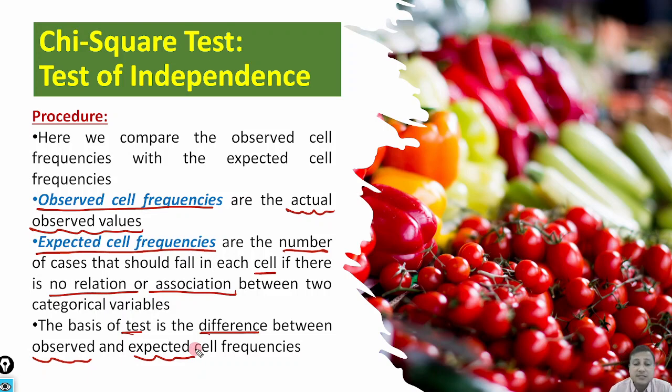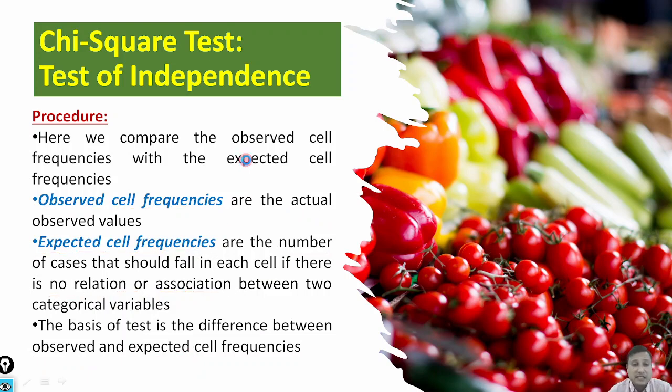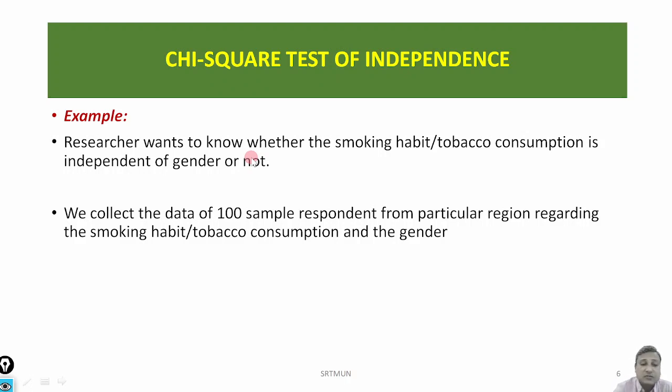Now to understand this in a better way, let me take you to one example. So here is the example of chi-square test of independence. Here is the condition given. Suppose a researcher wants to know whether the smoking habit or the tobacco consumption, you can take any one variable, is independent of gender or not. It means suppose we are asking our respondents two questions. What is your gender, and we are going to get only two responses, say male and female.